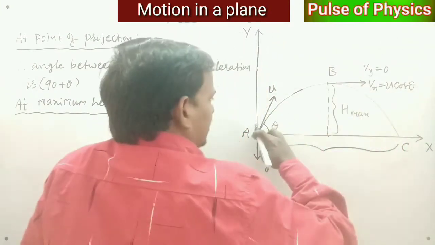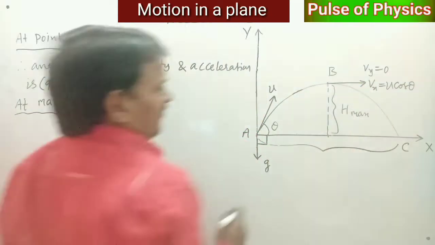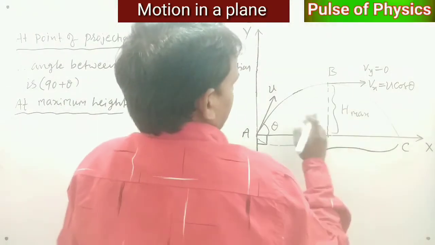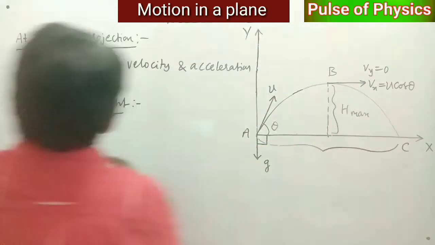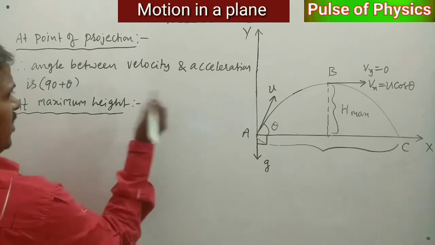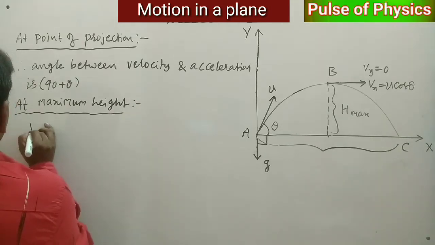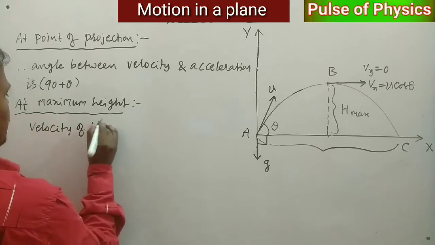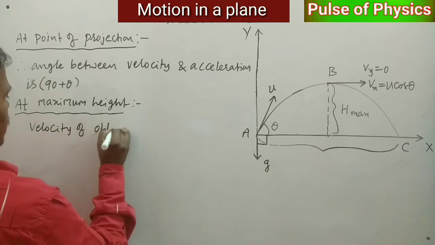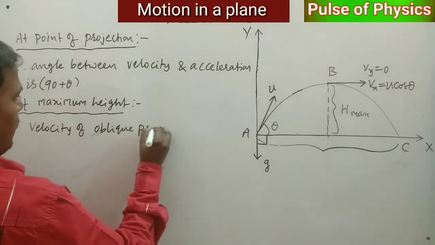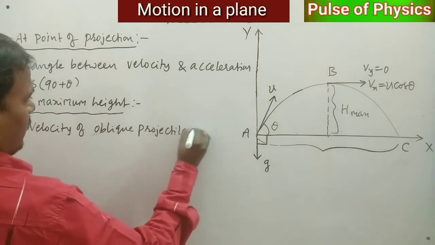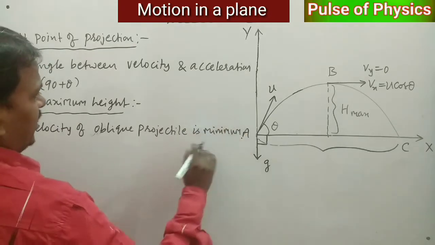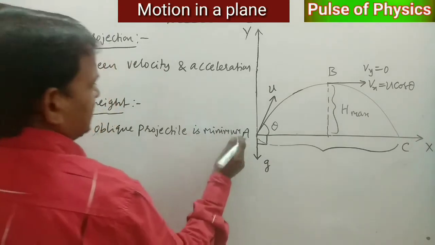At maximum height only, it has minimum velocity during its total journey. The velocity of an oblique projectile is minimum there.